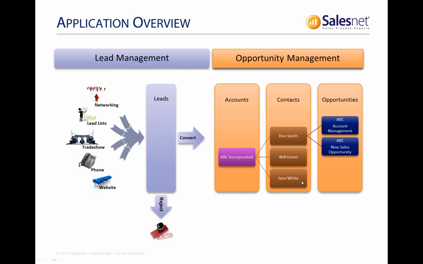Okay, and then once we're in the opportunity management area, this is where we tie into the process, right, the process builder in Salesnet. So this is where we can have multiple processes that can support our sales opportunities. It can support just a general follow-up opportunity with existing clients. I want to follow up with somebody every 30, 60, 90 days. Maybe we have a project management process.